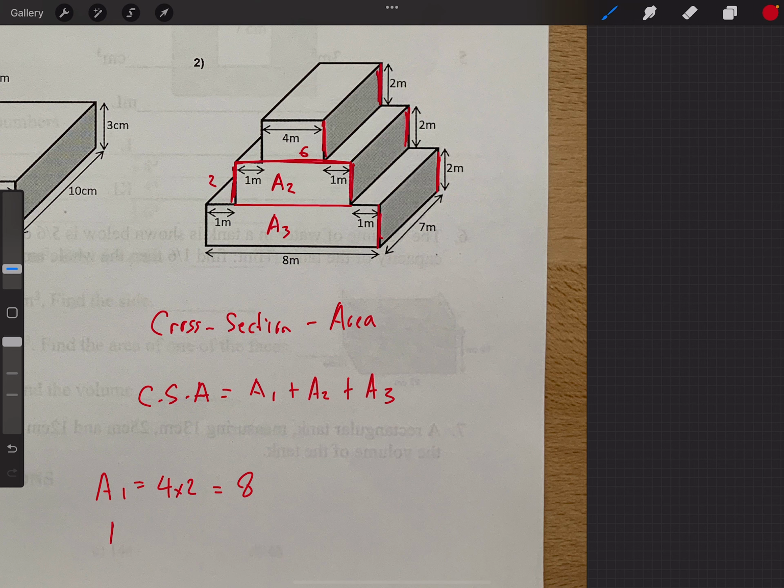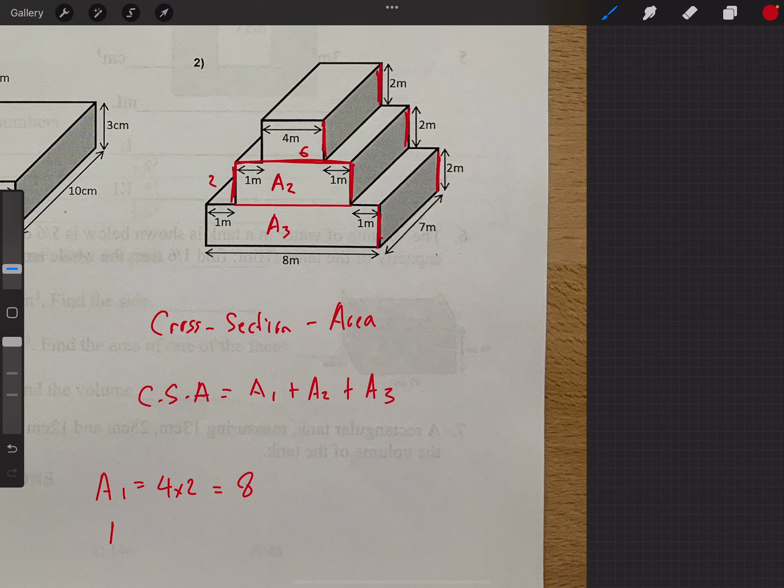Alright, now to find the volume, volume equals cross-section area multiplied by 7. Once you find the cross-section area, which is all of this, you can multiply by 7 because it's been stacked 7 meters in that direction.